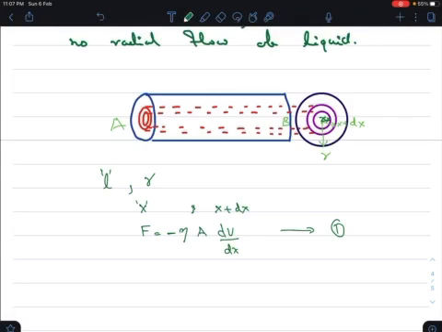Now we have to consider the cylinder, so area will be 2 pi x into the length of the capillary tube. Therefore, substituting in equation 1, F is equal to minus eta 2 pi x L dV by dx.